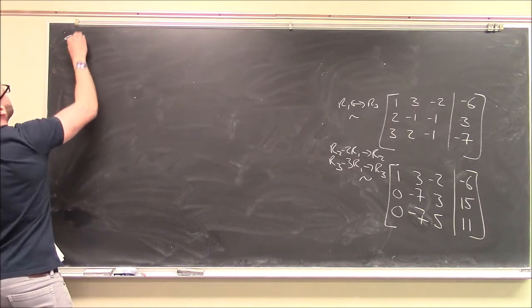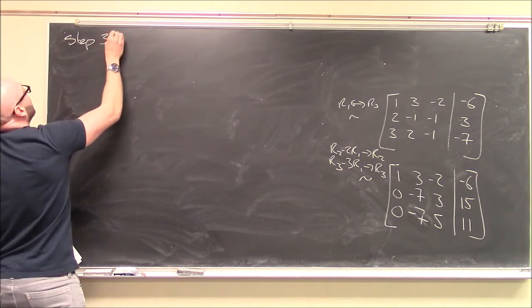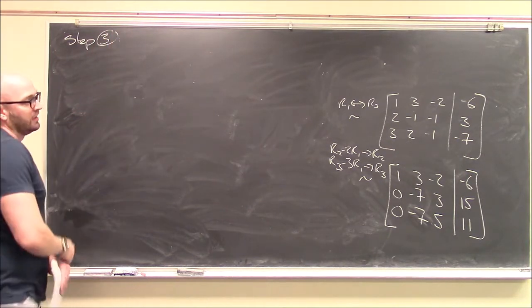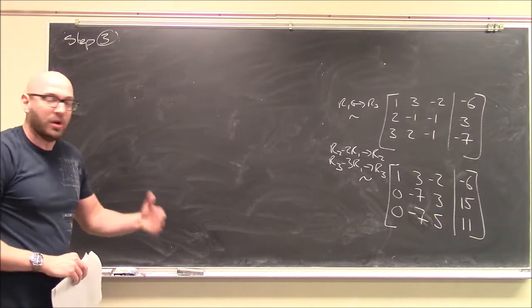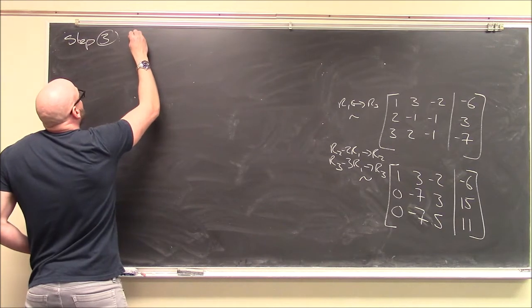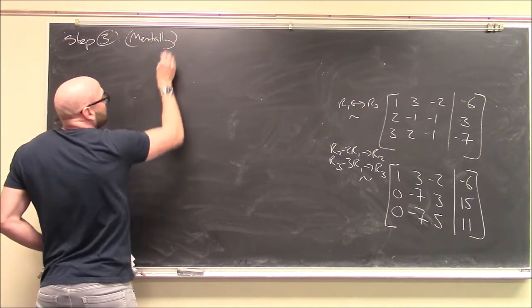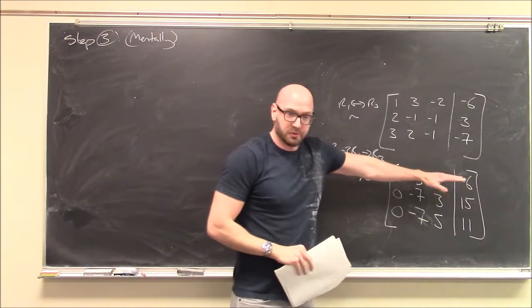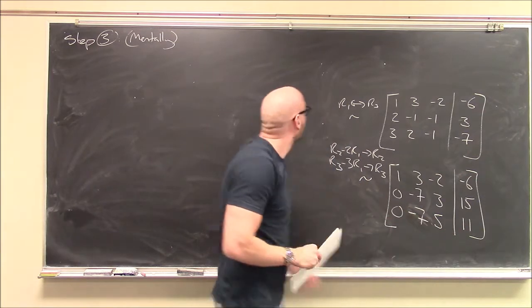Now, step 3. The good news is step 3 is really just repeat step 2 again, but on a smaller matrix. So step 3 is mentally cover the first row, because we're done with this leading 1 now. Cover the first row and repeat step 2 again.